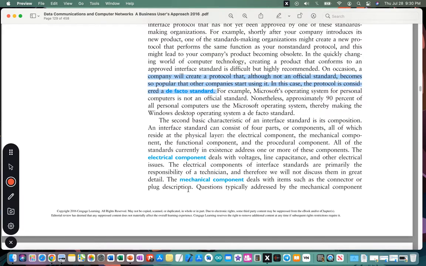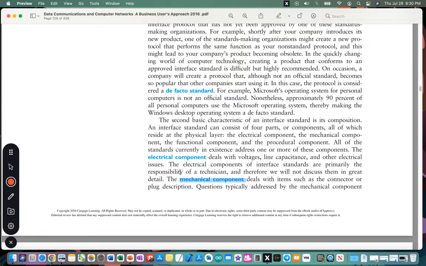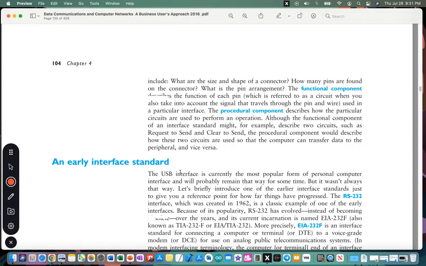And then we have the regular standards: the electrical component, the mechanical component, the functional component, and the procedural component.